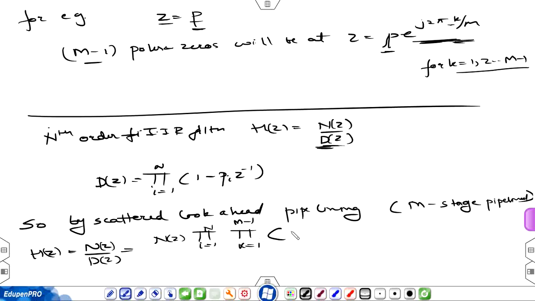So that will be given by 1 minus p_i e raised to power j 2 pi k by M z minus 1.